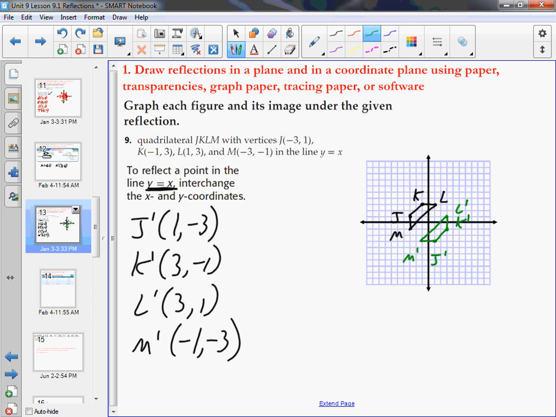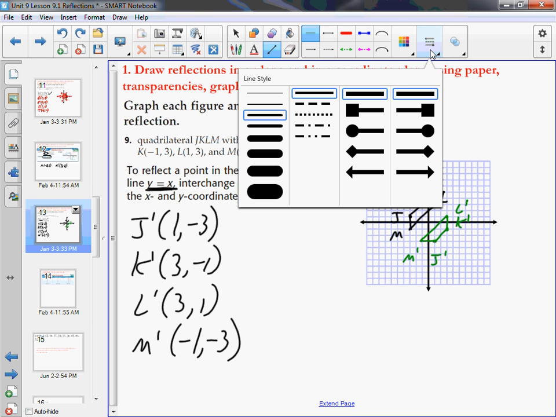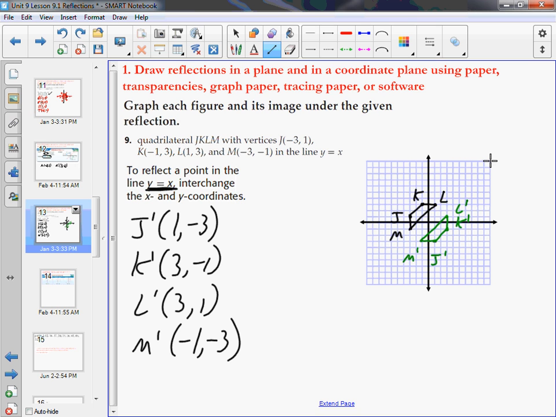Now, behold, I'm going to draw in the line of reflection now. Isn't that neat? See how it all works out?